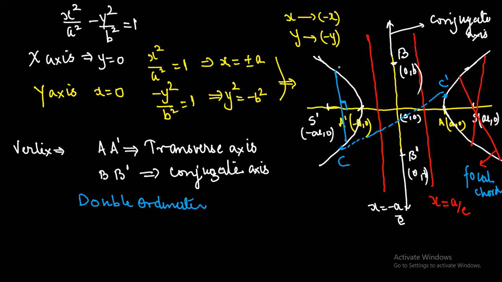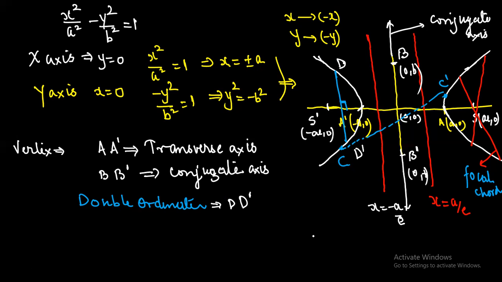I have already used A and B, so let's consider these points as D and D'. So a chord perpendicular to the transverse axis is called a double ordinate. The same terminology is used as in the ellipse.